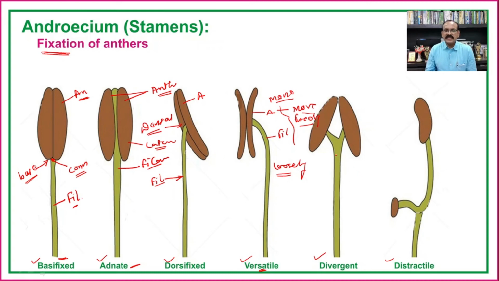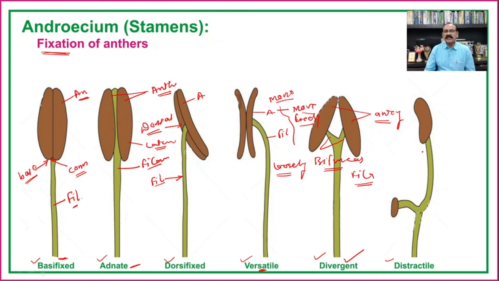But in some plants, both the anther lobes are away from each other, and because of that the filament is bifurcate. Such a type of attachment of the anther lobes separately on a bifurcate filament is known as divergent type of the fixation.